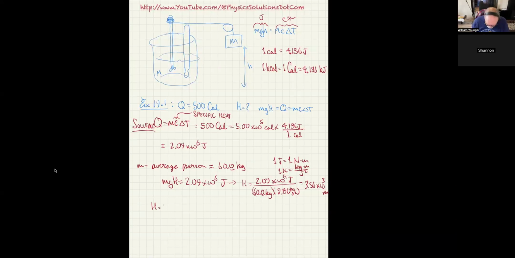So the answer is roughly 3,600 meters, but the body is only about 0.20 efficient.